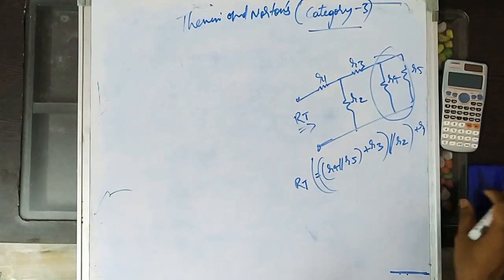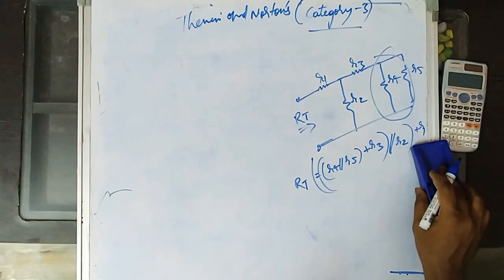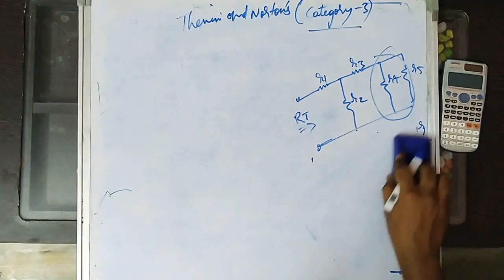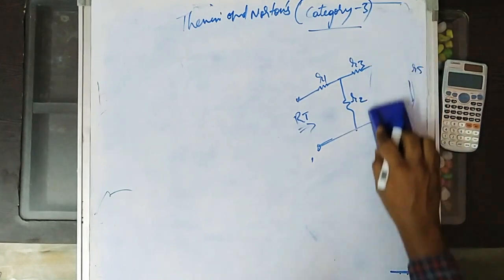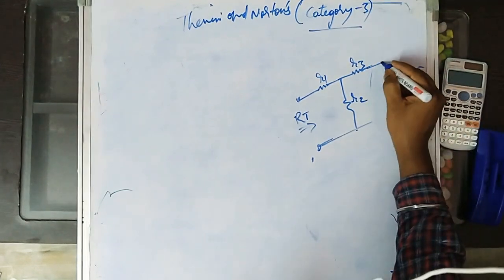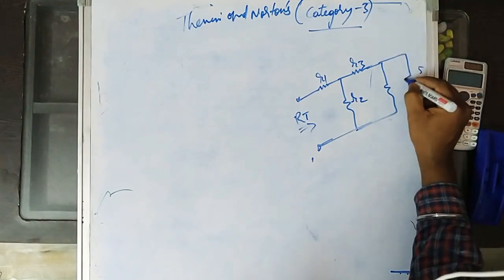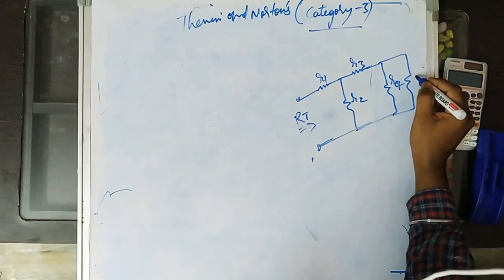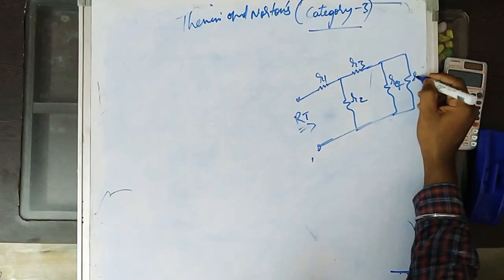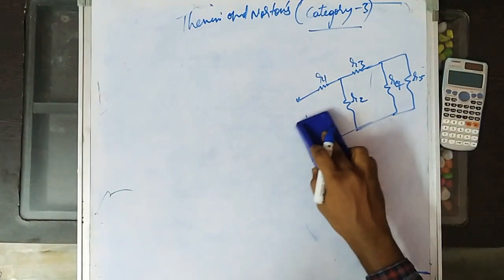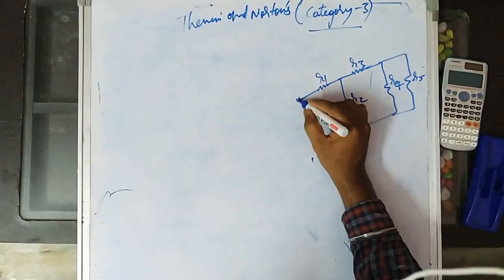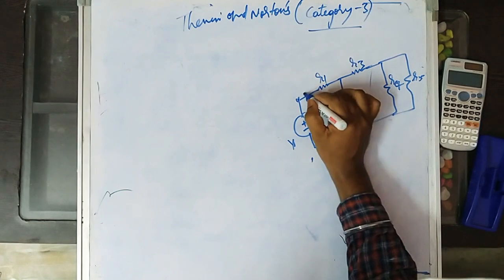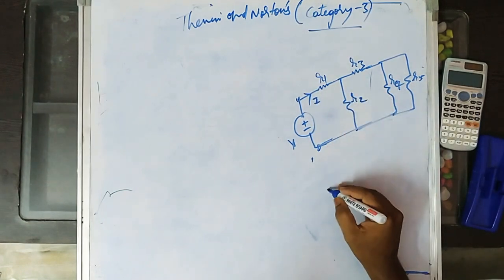Finding this total resistance is difficult. So in industries or laboratories, for any circuit, they simply attach a voltage source or a current source. If you attach a voltage source and find the response I, what do you get?